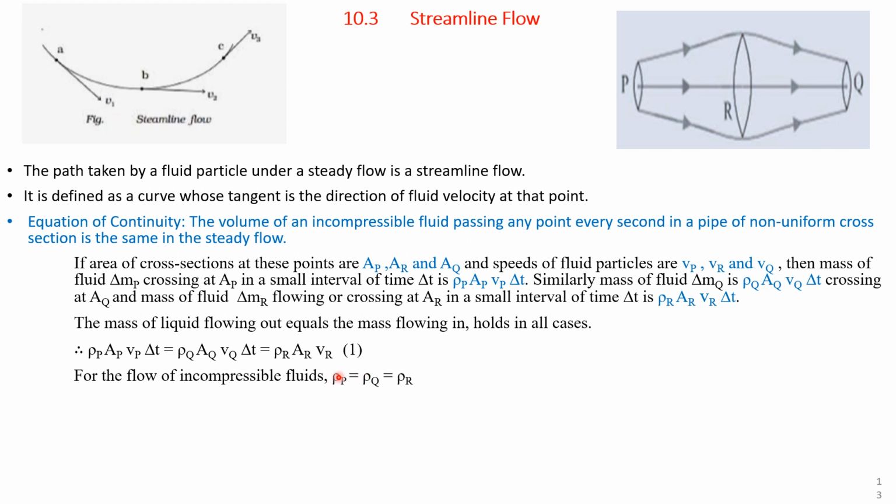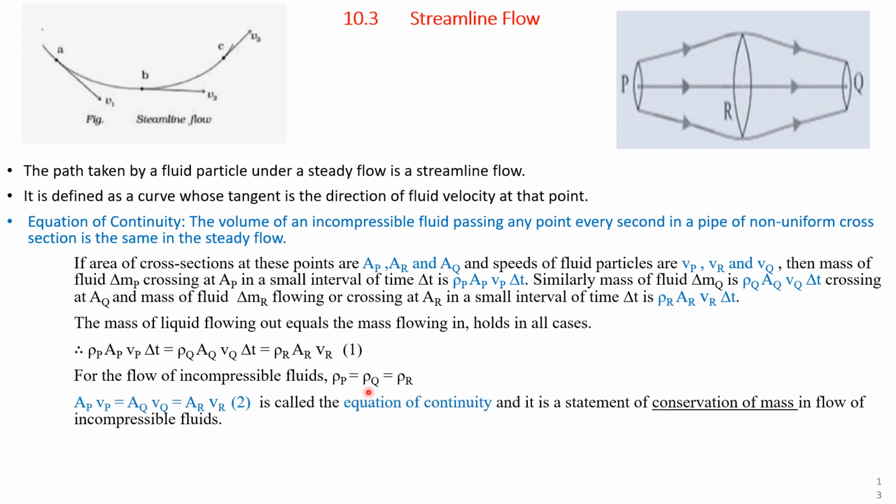For the flow of incompressible fluids, rho p is equal to rho q is equal to rho r, because the density of an incompressible fluid is the same. Hence equating, we get AP into Vp is equal to AQ into Vq equals AR into Vr.